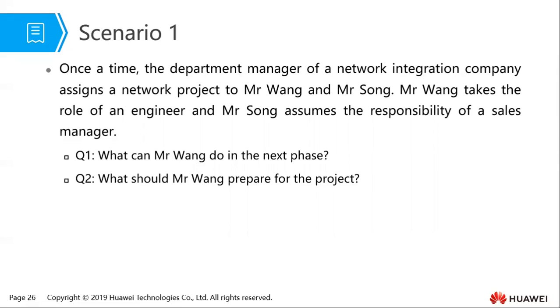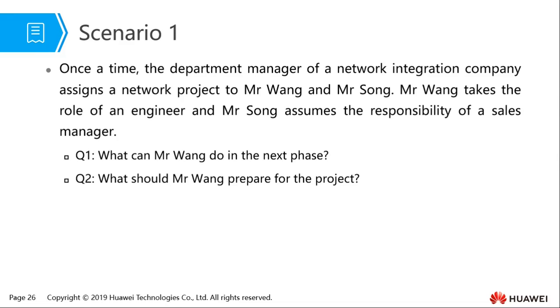Then what should Mr. Wang prepare for the project? So as the techie here, what does he need to do? What do we do at the end of the project planning? Okay, so really, Mr. Wang should then prepare the questions that are needed for the survey.